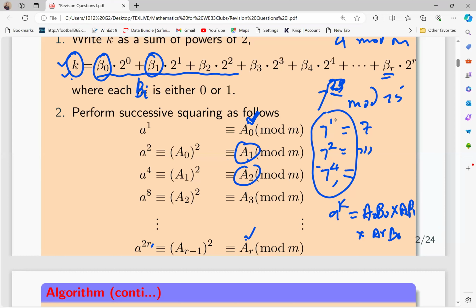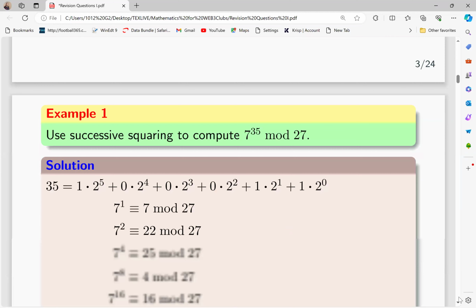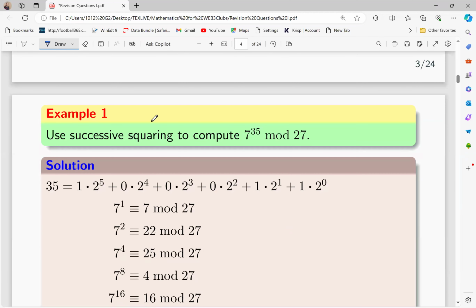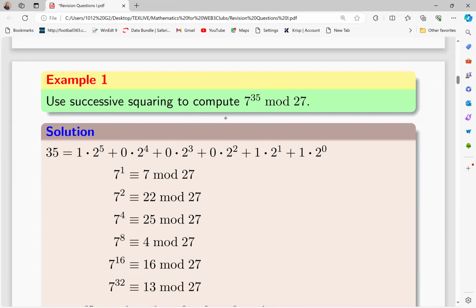If I take an example, it will make our work easier. I've thought that this is an easier way of doing this successive squaring. So let me just take an example. The example I have is this: use successive squaring for 7 raised to 35 mod 27. First of all, I convert 35 to binary, and we know how to do that.